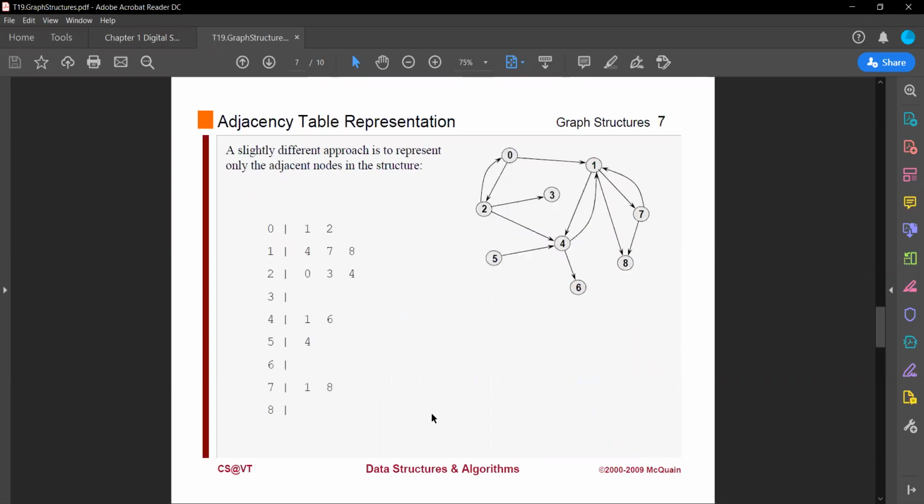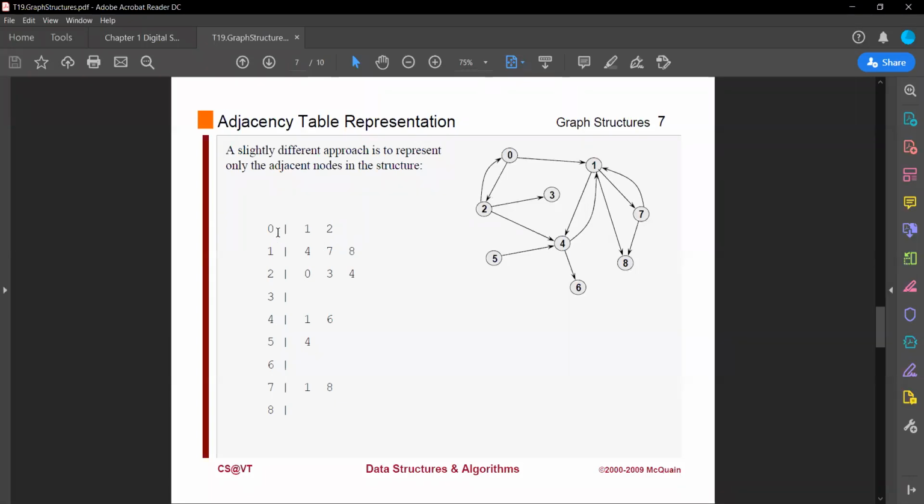There is also another representation, the adjacency table representation. You can represent it by a two-dimensional array, or otherwise by a linked list. So there are nine nodes here: 0, 1, 2, 3, 4, 5, 6, 7, 8. Here 0 is connected with 1 and 0 is connected with 2.